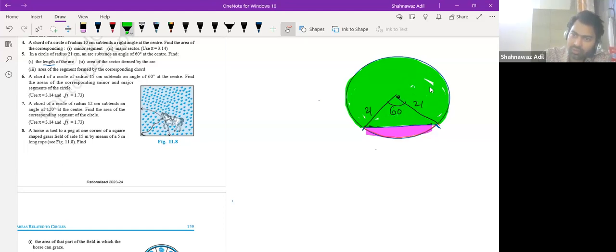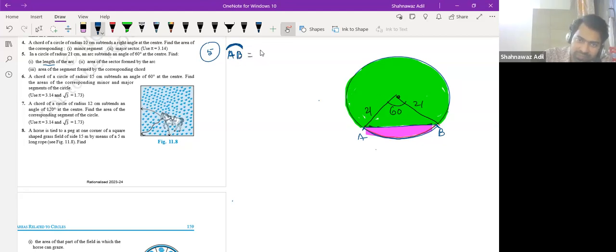In the first question we have to find out the length of the arc, right? So what is the length of this arc? We represent the arc by this notation: if I draw a curve above AB, it means I'm talking about arc AB.